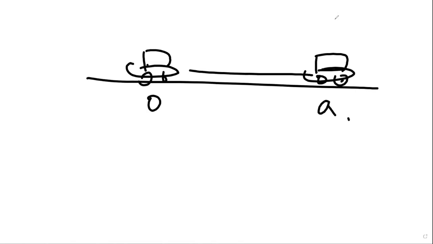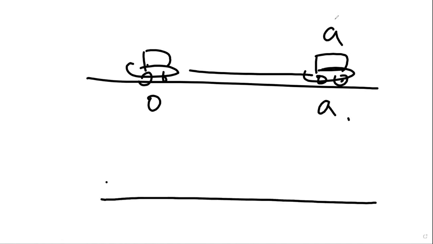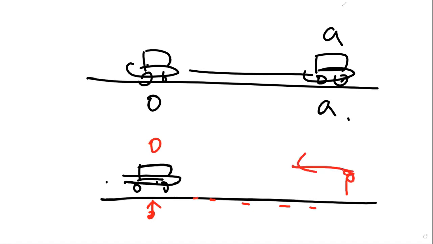You moved to the location a. But now if originally your car is over here and the car doesn't move, but there's a photographer who originally watched it from 0, and the photographer moves to here and takes a picture, it becomes the location minus a with respect to the photographer's new location. Is that okay?